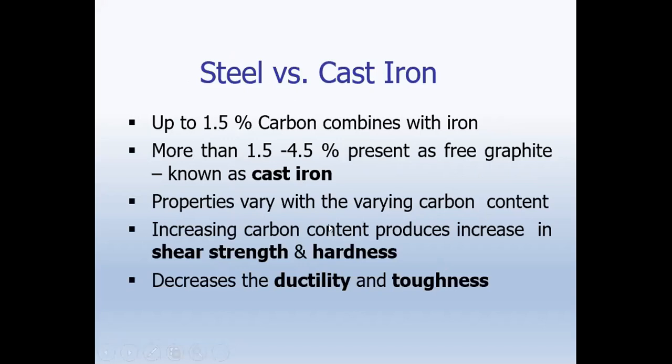So if a steel contains high carbon content, it will have high shear strength and become harder. However, it will not be more ductile. That means it cannot be stretched easily, and it cannot withstand toughness.